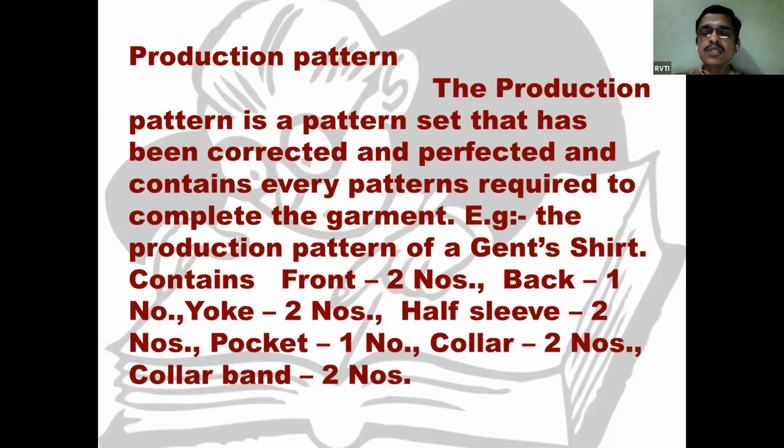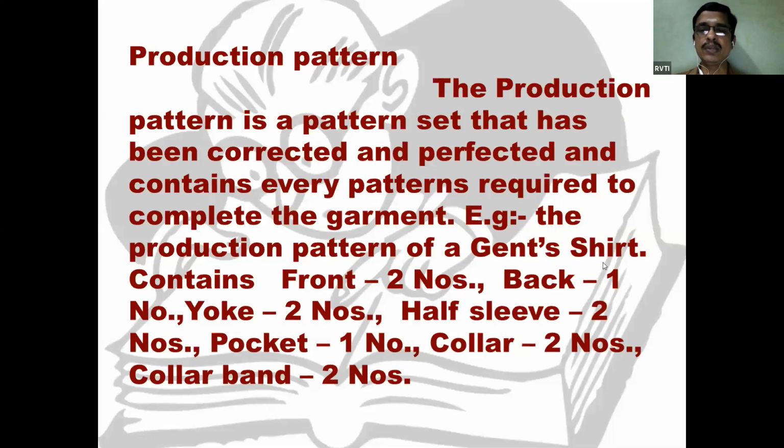In homemade garments, only one piece is sufficient. In mass production in garment factories, for obtaining correct fabric consumption, they need two fronts, two backs individually. So we are preparing two fronts, two backs, two yokes, like that for the entire pieces.